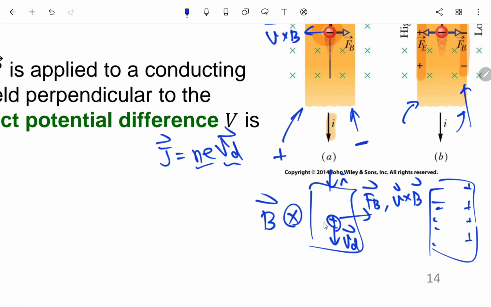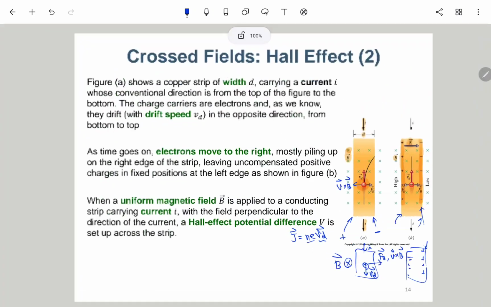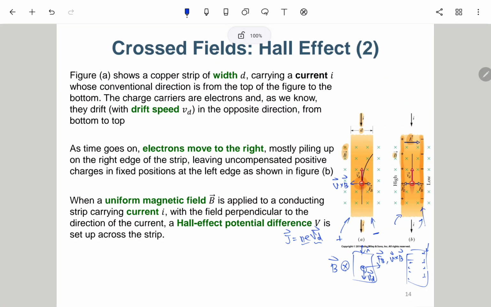But if we assume the moving carrier is a positive charge, then it will accumulate on the right side, giving a high potential on the right side, which conflicts with the measurement result. So this Hall effect experiment verifies that the moving carrier in the conductor wire should be a negative charge.